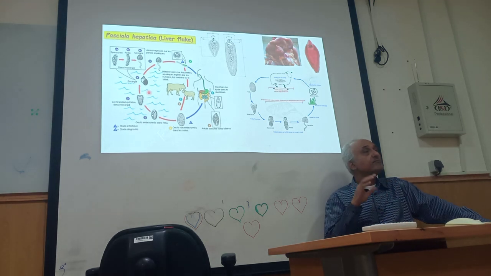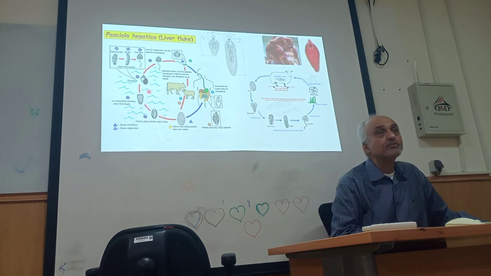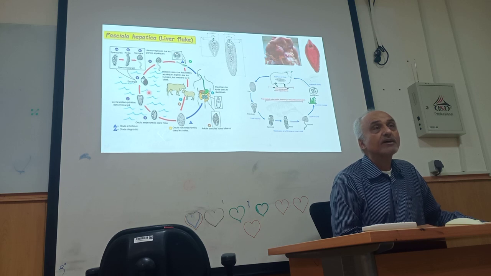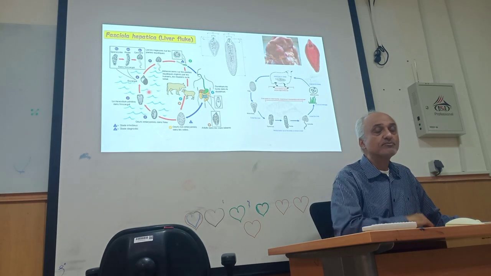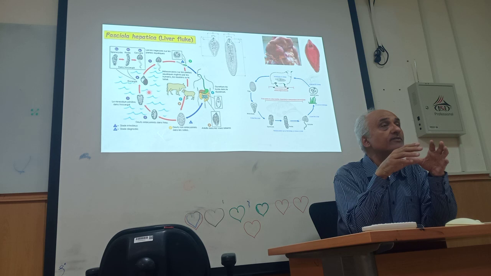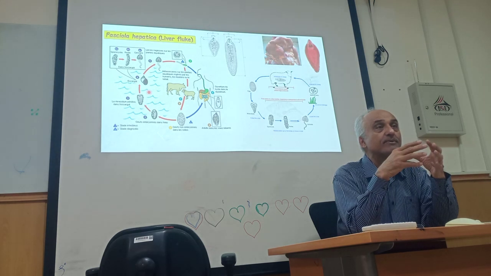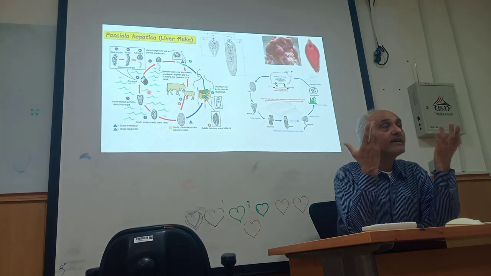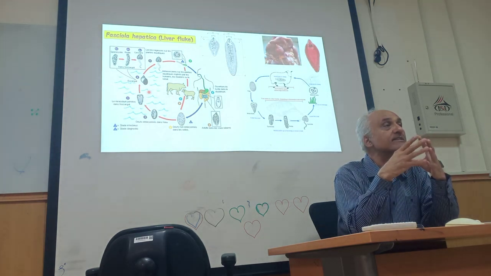In the stomach and the small intestine, the metacercariae open and hatch, and the parasite tries to penetrate the wall of the intestine, then goes to the peritoneum and toward the liver capsule, and tries to penetrate the parenchyma of the liver and go through this organ to find its final destination, the residing area, which is the bile ducts and gallbladder.